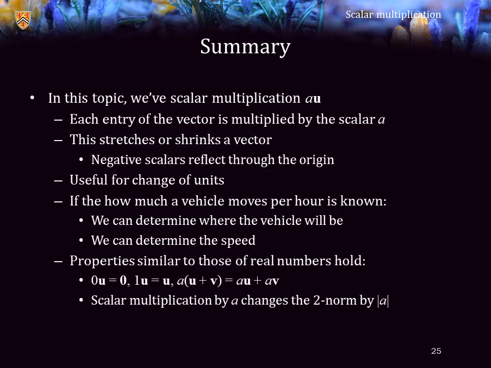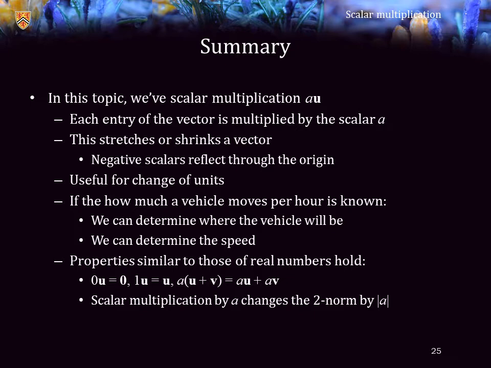This is useful for changes of units, as we saw converting meters to feet. If we know how much a vehicle is moving per hour, then we can determine where the vehicle will be at an arbitrary time. Similarly, we can determine the speed of the vehicle. From the speed, of course, we can also determine how far the vehicle has moved.